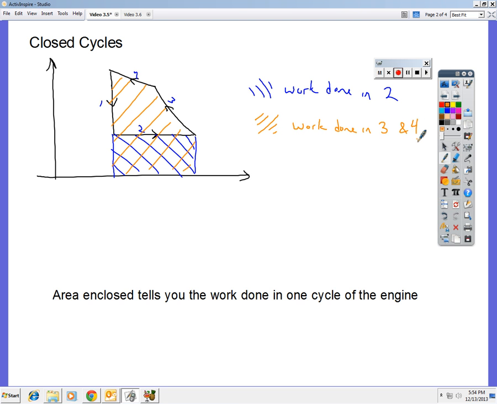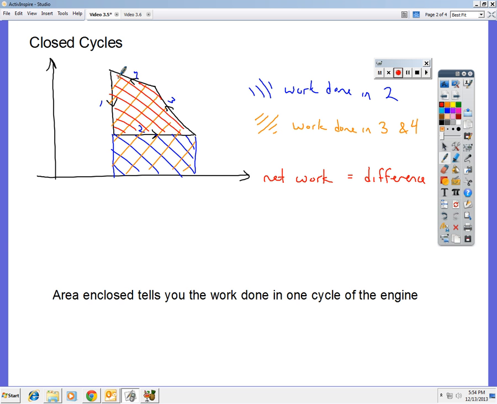But because it's being compressed in one part of that cycle and expanded in another part of that cycle, the result is that the net work done in the entire loop is equal to the difference between those two, which is to say the area enclosed inside that cycle. And that number will tell you the work done in one cycle of the engine.